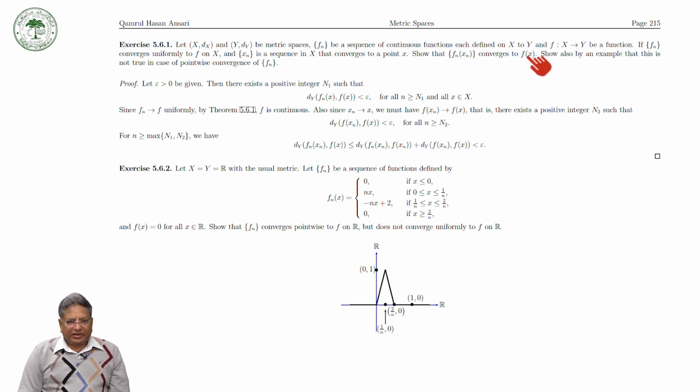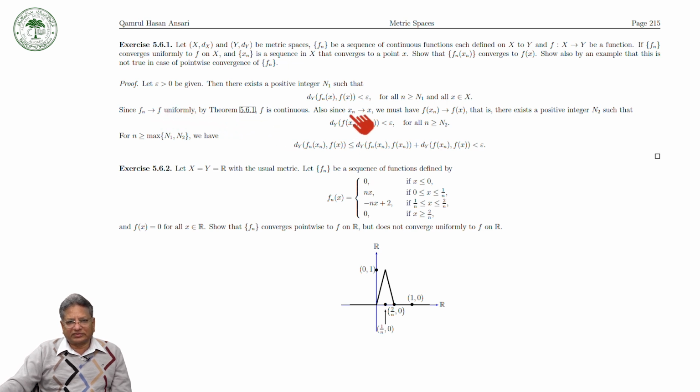Now let us take the proof, the simple proof. So we can take an epsilon greater than 0, then there exists a positive integer n1 such that this holds good. Now, since Fn converges to F uniformly, then F must be a continuous function by this theorem.